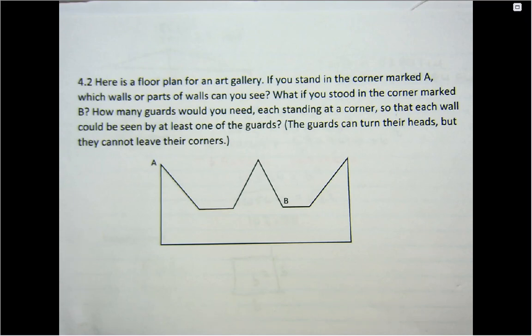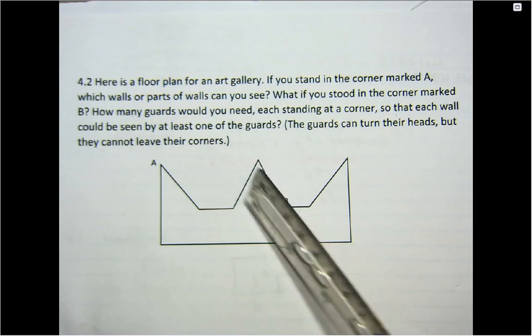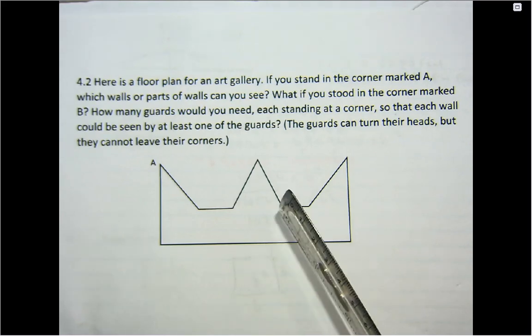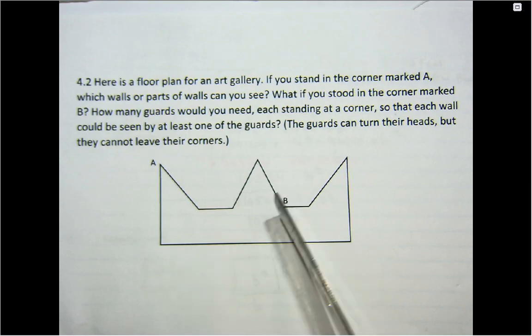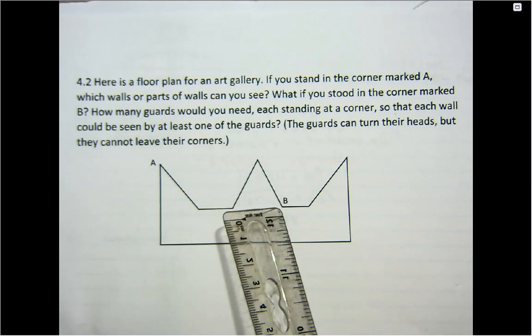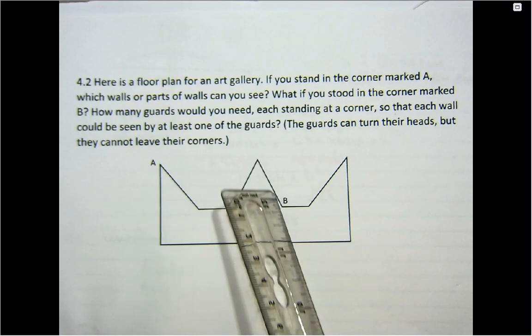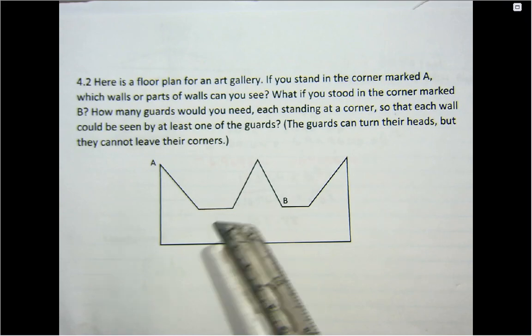Okay, so here's your guard at B. Could your guard at B see everything inside of this pointy area? I put the B out here, but really the guard's supposed to be on the inside of the wall, not the outside. So the guard is right here. The guard can see everything up here, okay? He can see everything in this point.